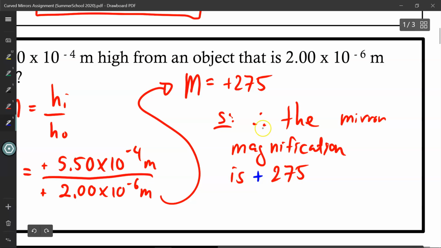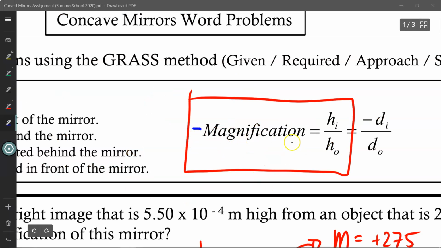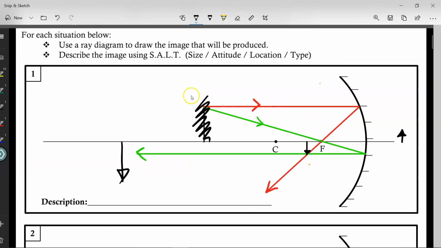Now in this question, the magnification was a positive 275. But in some questions, you might get a negative magnification. So what does a negative magnification mean? Well, it means one of these guys, either the height of the image or the height of the object, must be negative as well in order for this equation to be true. But as we saw, the height of the object can never be negative, it's always a positive value.